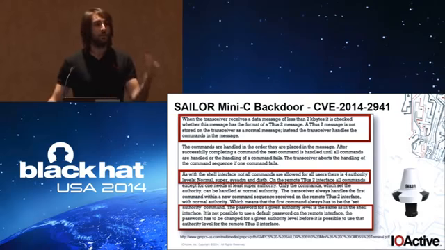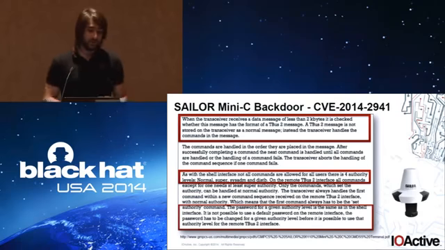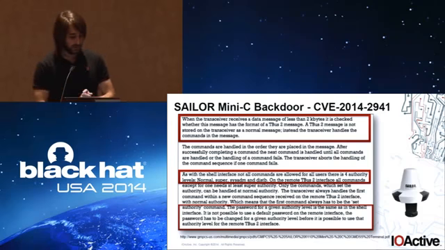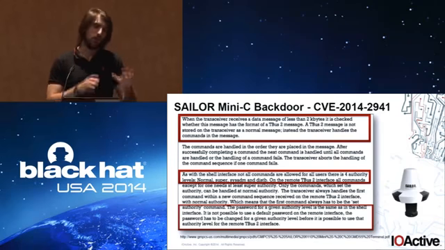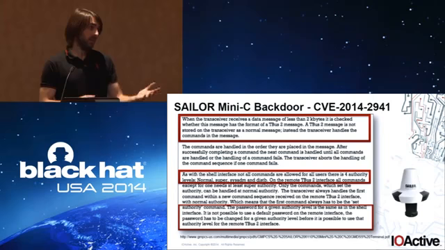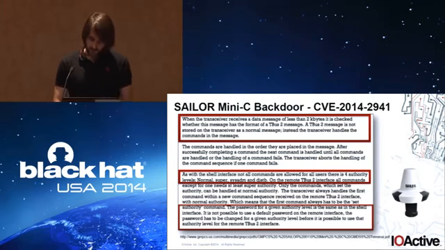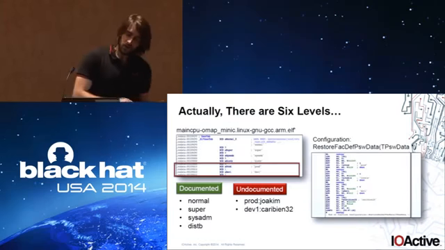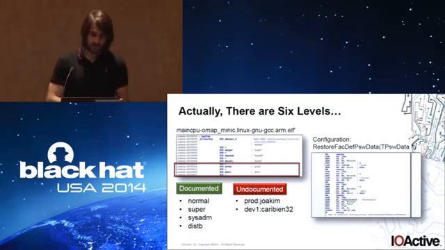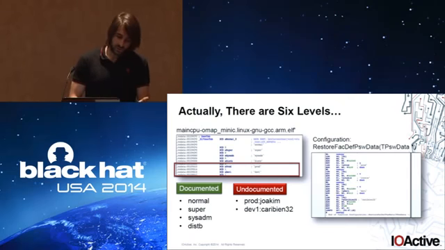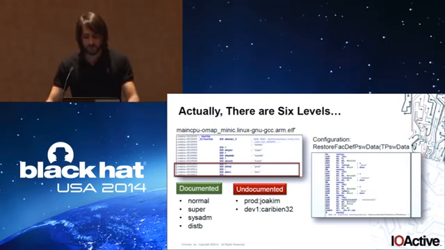You can send remote commands to that terminal by using this remote interface, but those commands should be authenticated by a password. So there are 6 levels in the firmware, the documented ones and the undocumented.